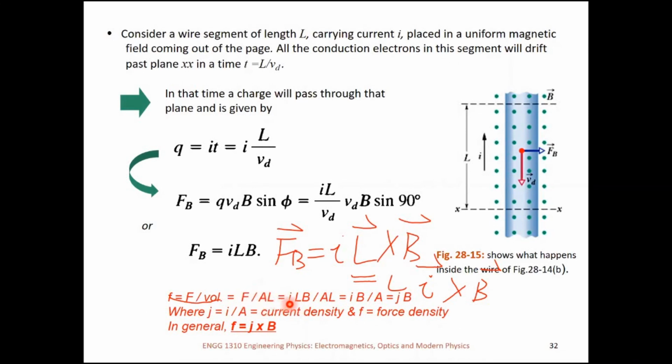F over AL, and F equals ILB, so ILB over AL. Then the L and L get crossed, so that would be IB over A. The I over A is the current density J, so this would be equal to JB. In other words, we can rewrite the force density as the current density cross product with the B field. That would be another form of the equation.